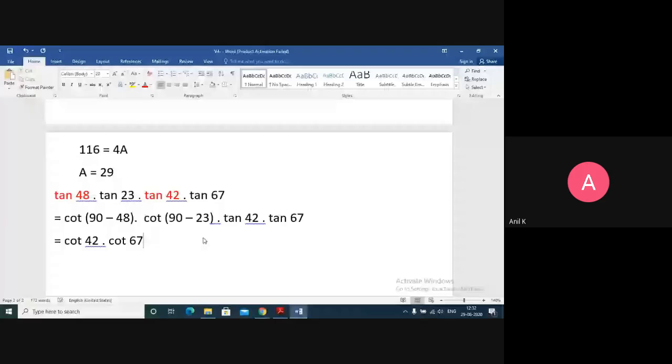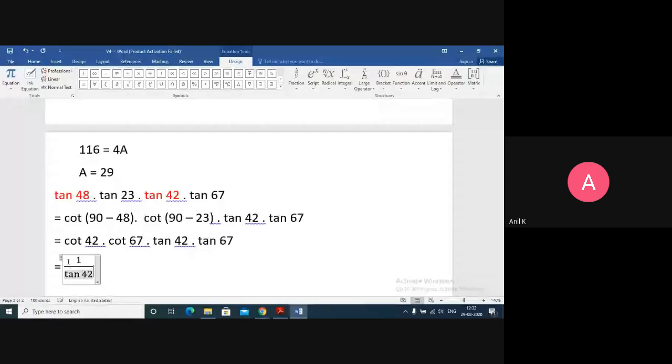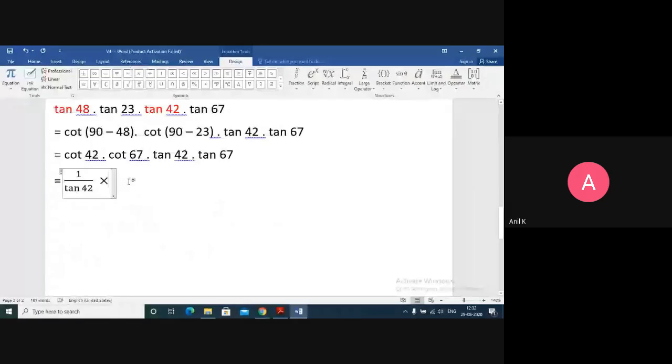So the conversion is done. Now cot 42 into tan 42 into cot 67 into tan 67.